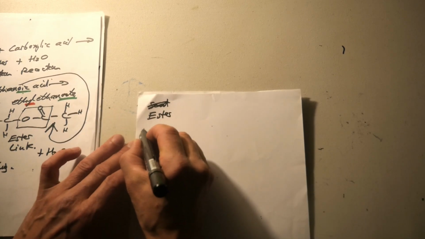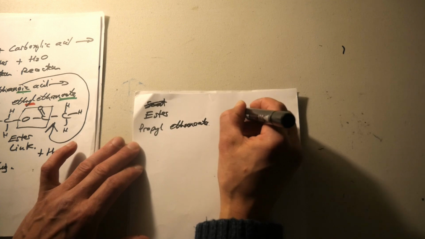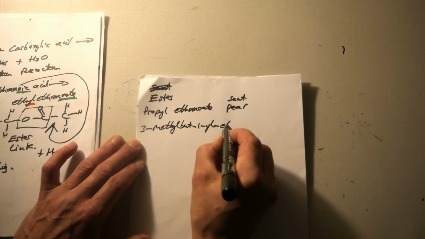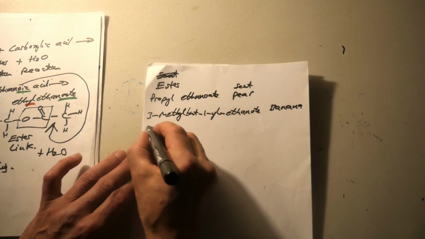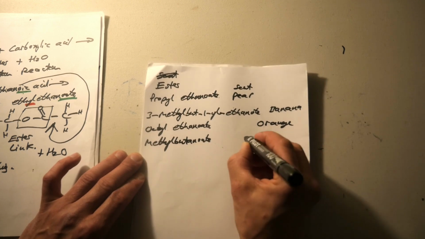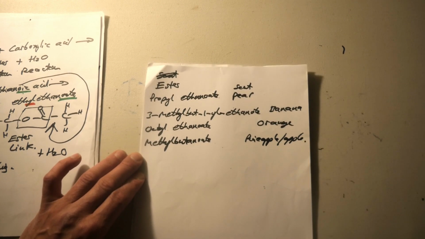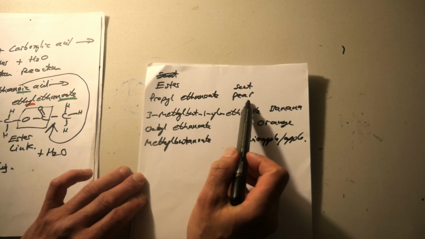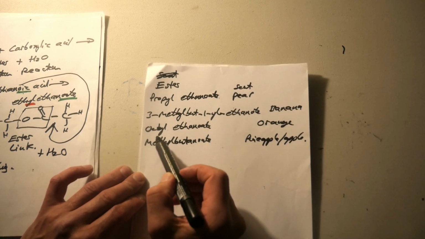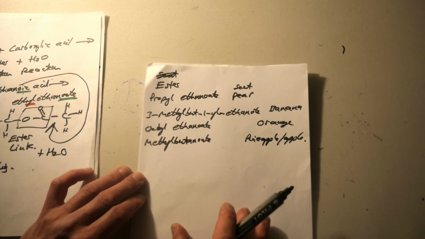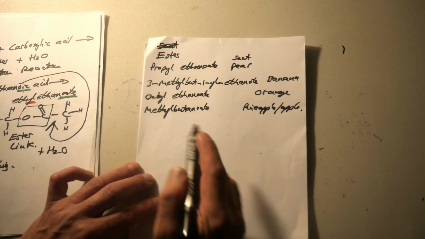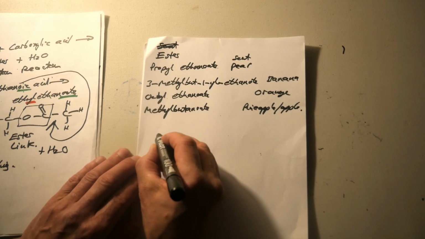So your propyl, as examples, propyl ethanoate smells of pear, 3-methyl-butyl ethanoate smells of banana, octyl ethanoate smells of orange, and methyl butanoate smells of pineapple, okay?